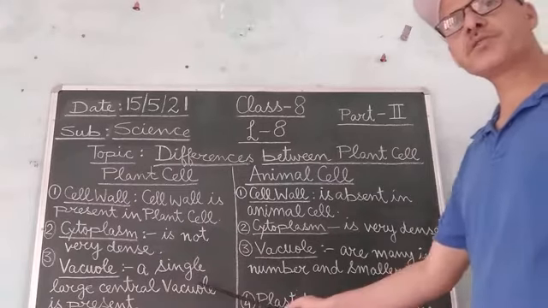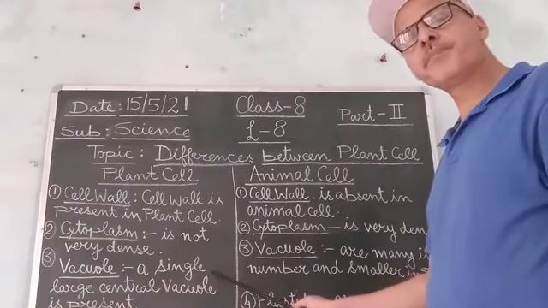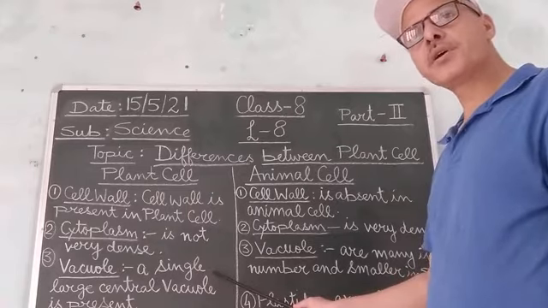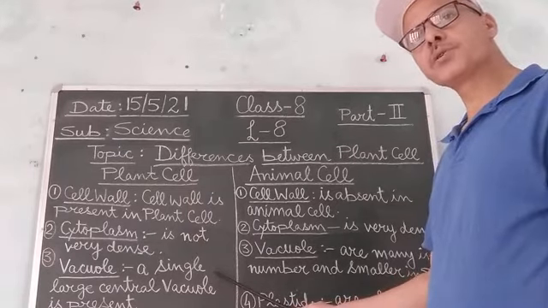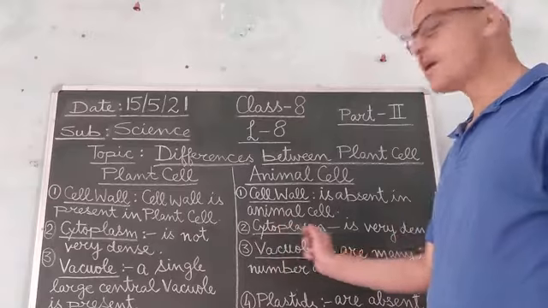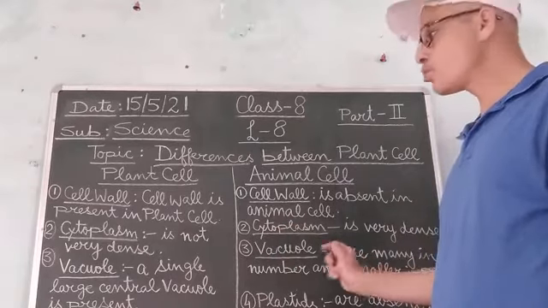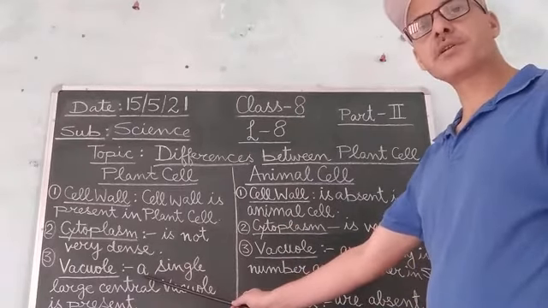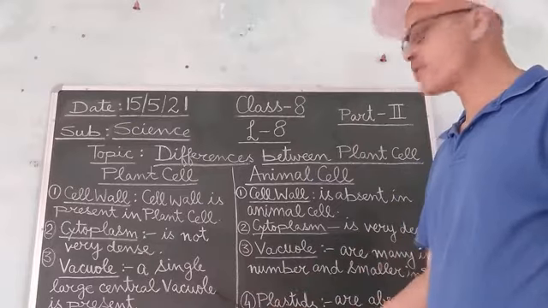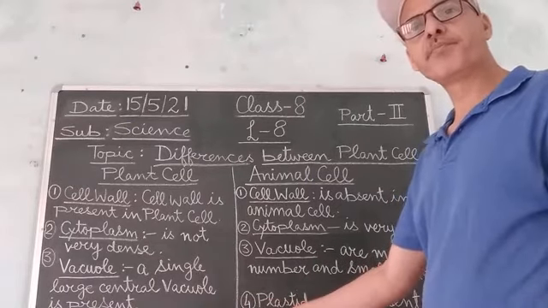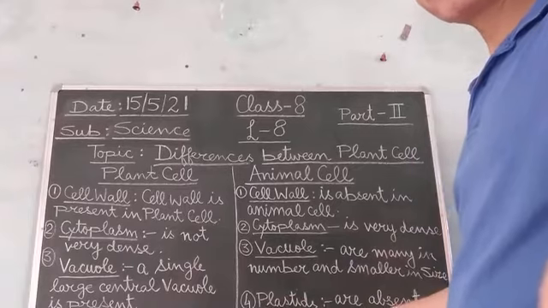The next point of difference is on the basis of the size and the number of the vacuoles present in the plant cell and animal cell. In the case of plant cells, a single large central vacuole is present. So, what is present in the case of the plant cell?